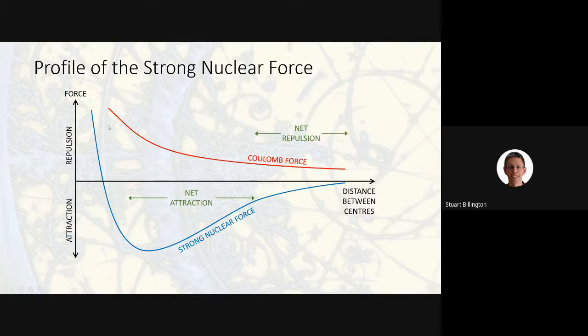And the Coulomb force has always been repulsive. So in this inner part here, from about this distance onwards, we have net repulsion again. So if you did push your proton in and you pushed it as far as here, it would fly straight back out again. If you manage to get it to exactly this point, it might fly back out or it might fly in, but there is zero force at that point.